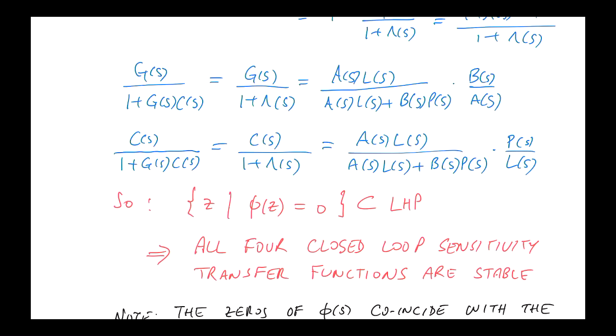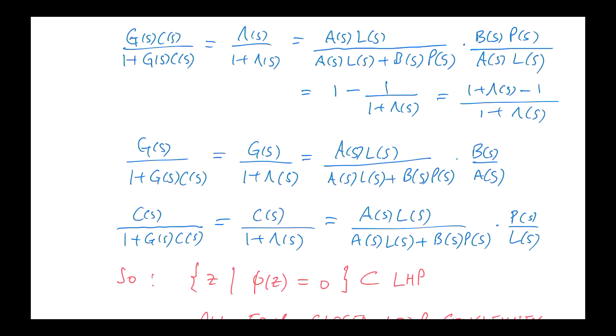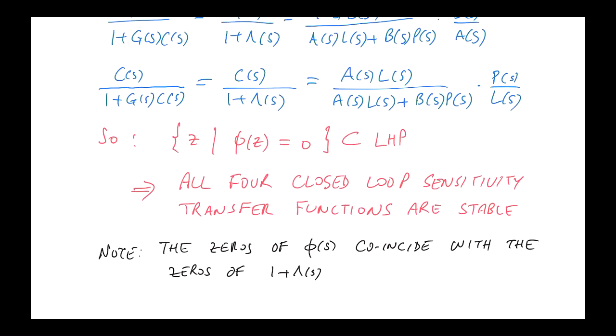It's possible, but what's not possible when these are coprime is for an unstable, right half plane zero of the characteristic polynomial being cancelled out in all of them. Okay, it's just not possible. And there's a little note on LMS that goes through the whole argument to show you why it's not possible. Okay, as soon as the characteristic polynomial has one zero in the right half plane, that will appear in at least one of the closed loop sensitivities.